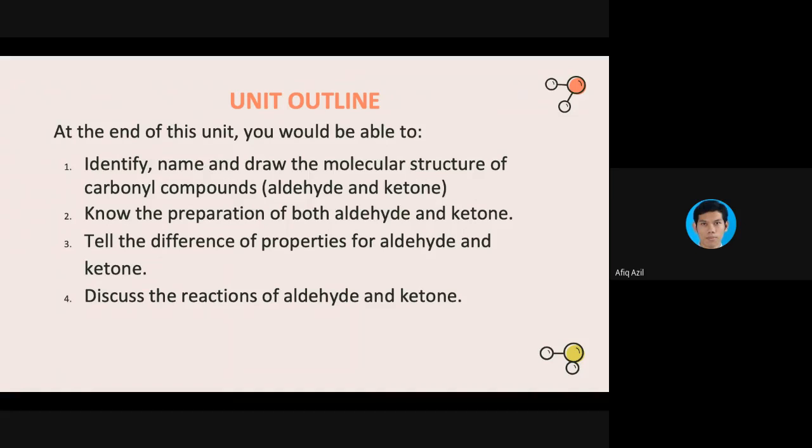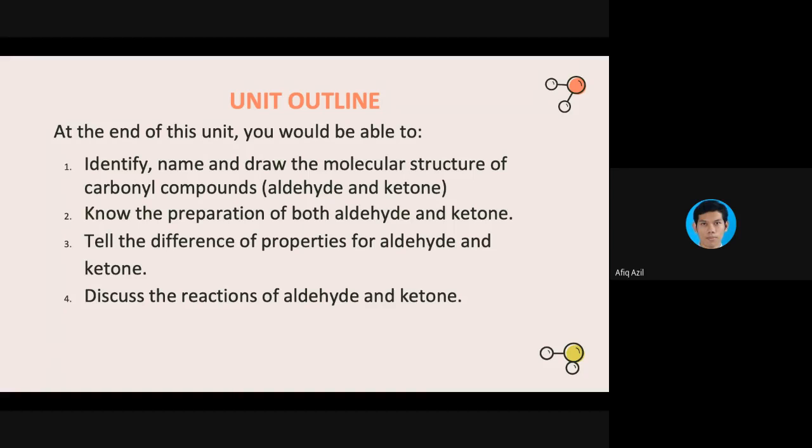One is aldehyde and the other one is ketone. The difference is the position in which the carbon double bond O is situated, whether it is at the end, which we call the terminal, or whether it is in the middle.